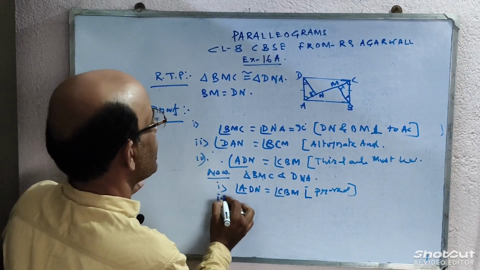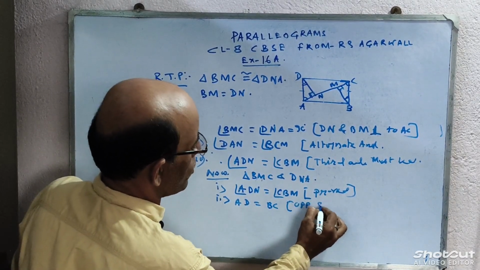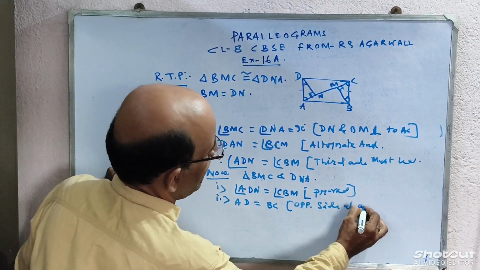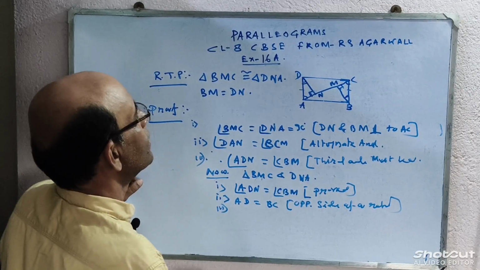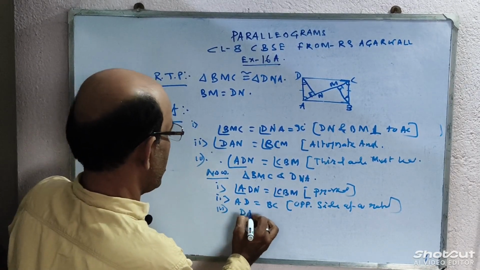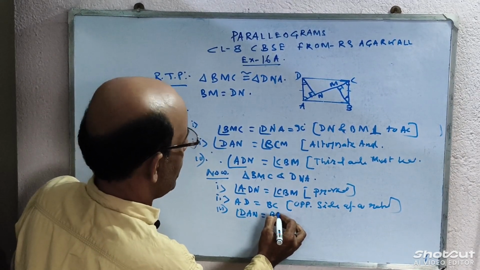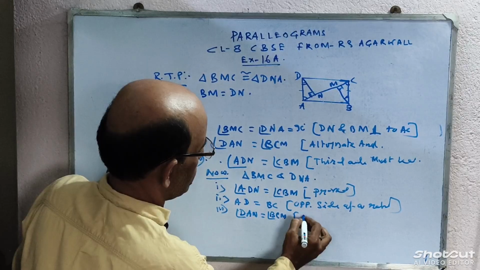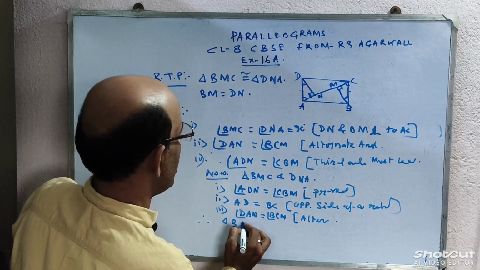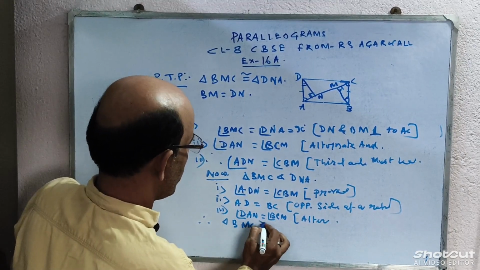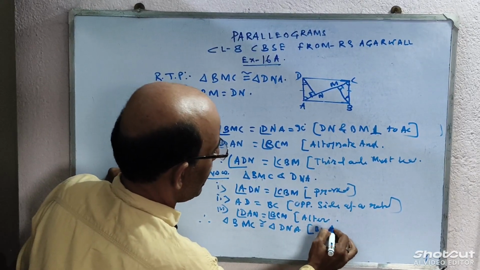And number 2, AD is equal to BC, opposite sides of a parallelogram, opposite sides of a rectangle. Number 3, angle DAN is equal to angle BCM, alternate angles. Therefore, triangle BMC is congruent to triangle DNA by ASA.